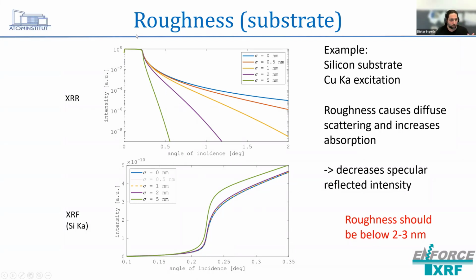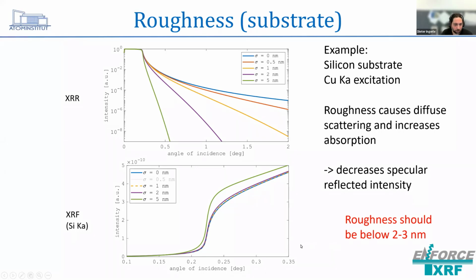Of course, for excitement, it's just a simulation. So the problem is that we are not only losing this information about the specular reflected beam, but actually also causing more absorption, more scattering, and so on. So also the background in the reflectivity detector will rise.